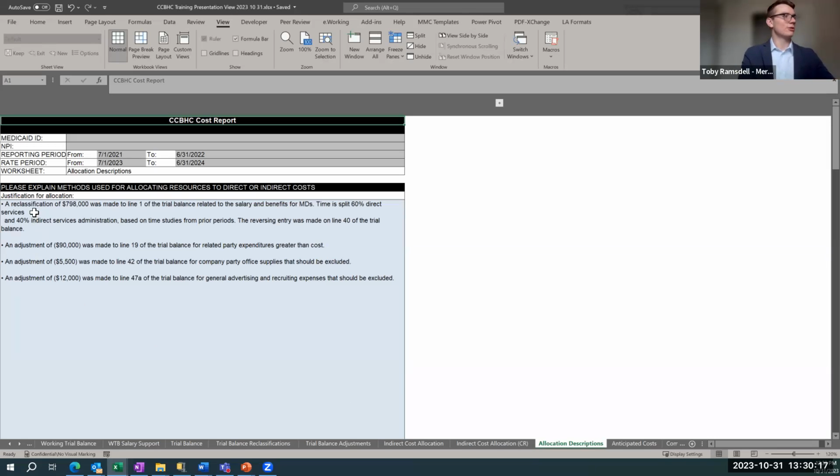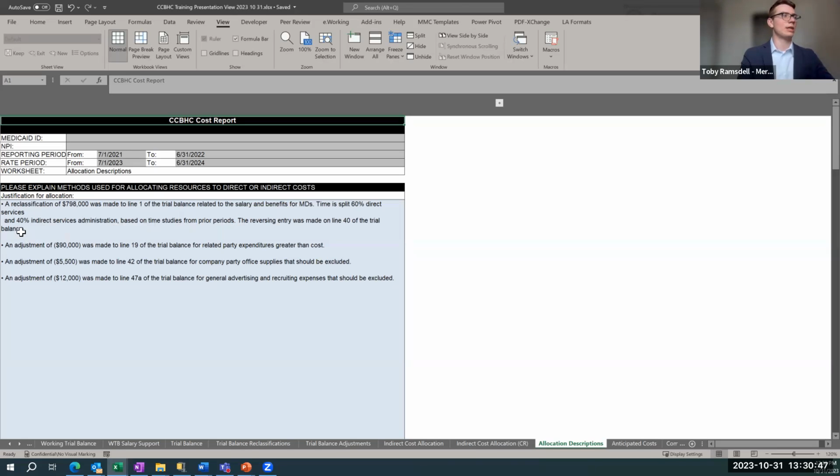So I can see my first bullet point, a reclassification of $798,000 was made to line 1 of the trial balance related to salary and benefit of MDs. Time is split 60% direct for services and 40% for indirect. This is based on a time study. Again, remember, any allocations I make need to be based on something I can reference, such as a time study or percent of services.